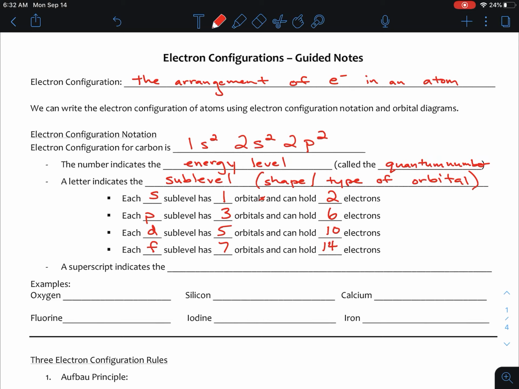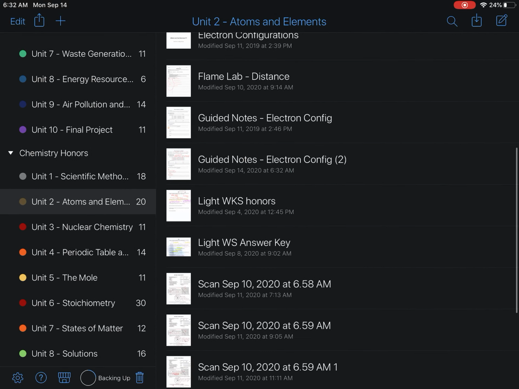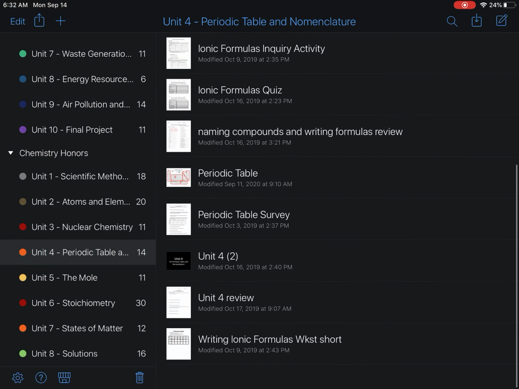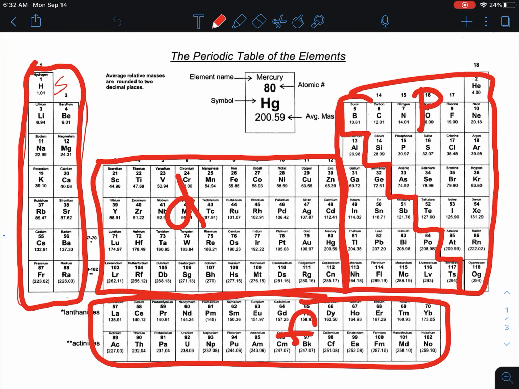You may have seen this before in the video on Friday, where we went through and showed the different orbitals. If I'm looking at my periodic table, these are the different places where the different orbitals or sublevels are. If you look at the periodic table, you can see different sections have different types of electrons or subshells.